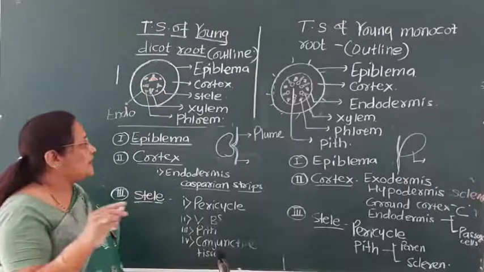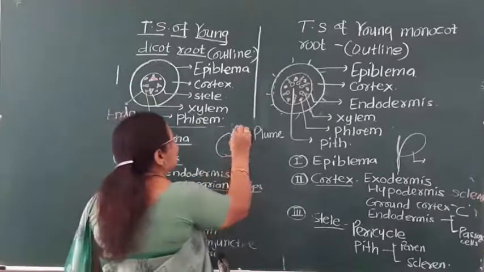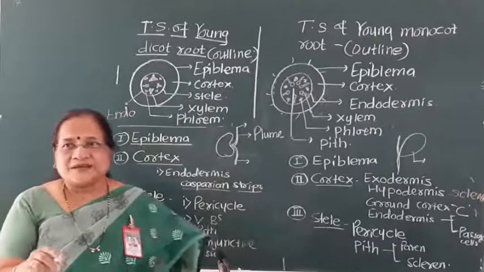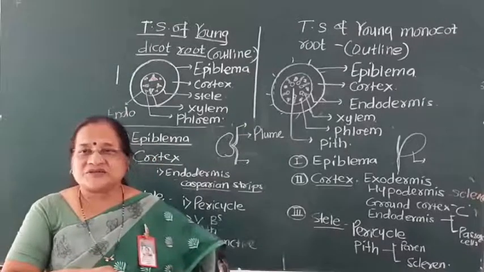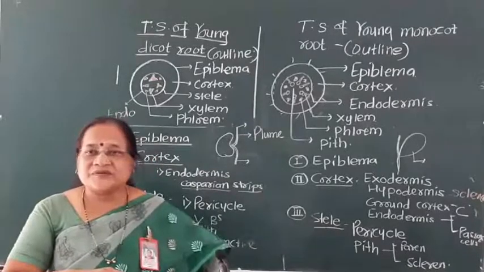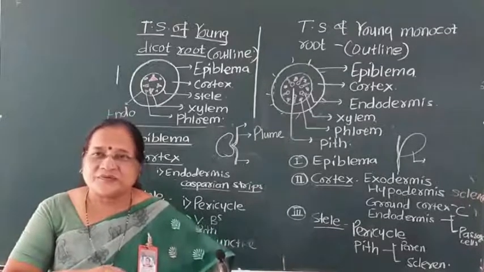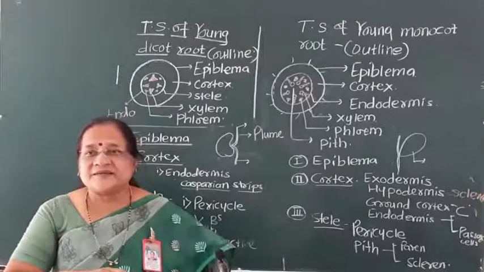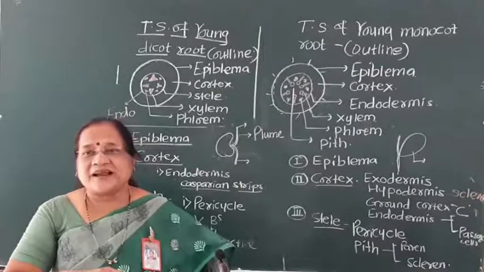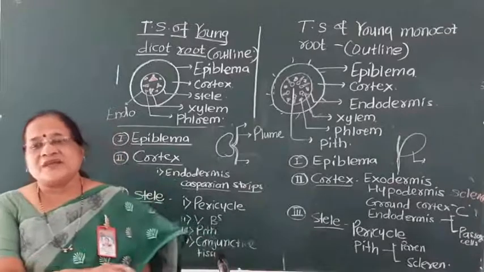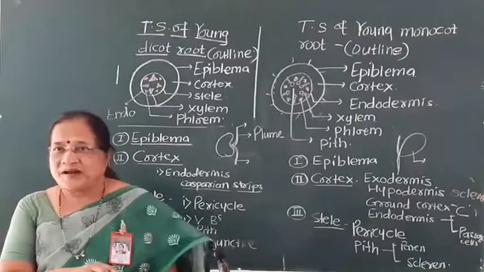At the apical parts of these two structures, we find the presence of meristematic tissue. What is this meristematic tissue? The tissue which is able to produce new cells. All the cells do not have the capacity to produce new cells, but only the meristematic tissue has the capacity to produce new cells, and from that we get the further growth of that plant.